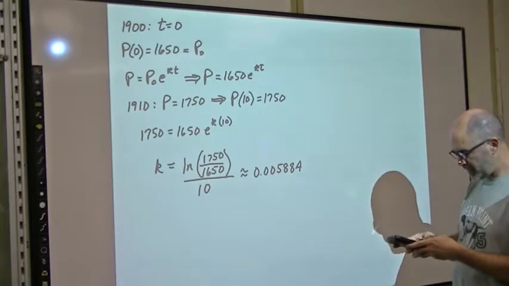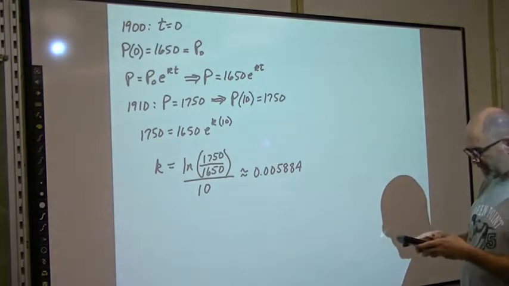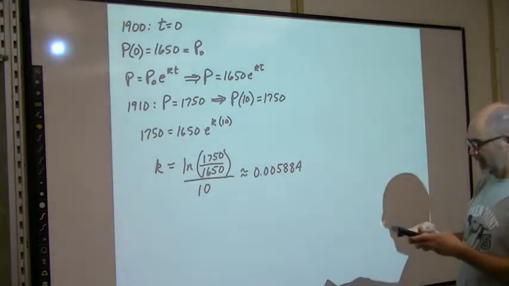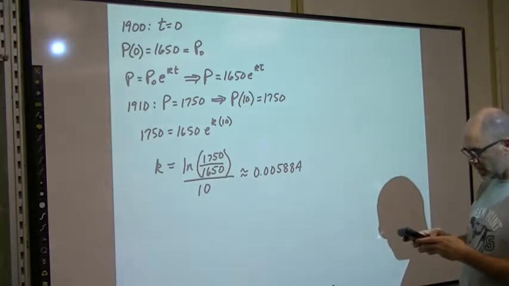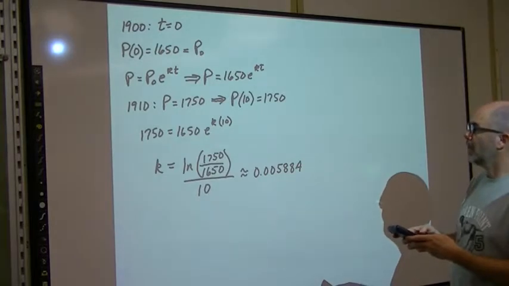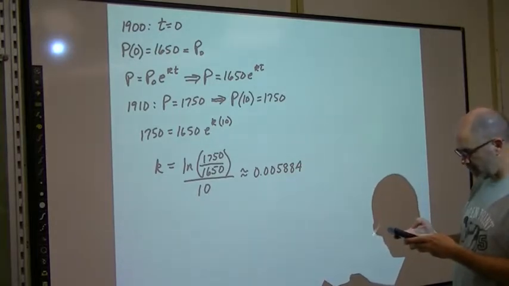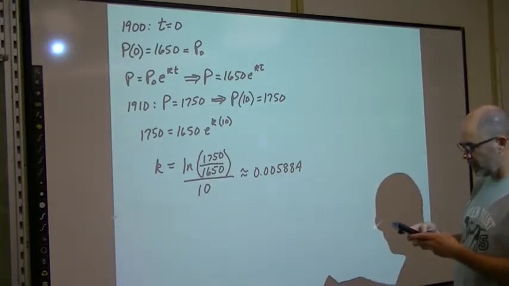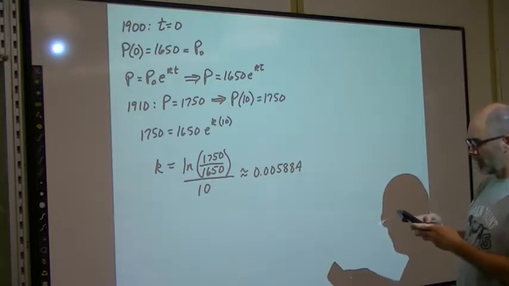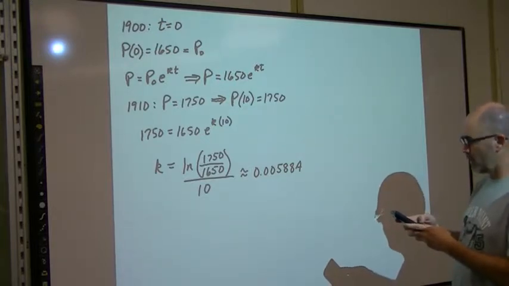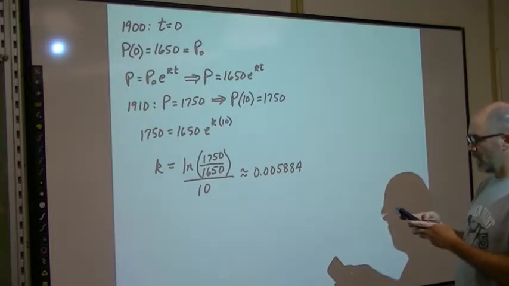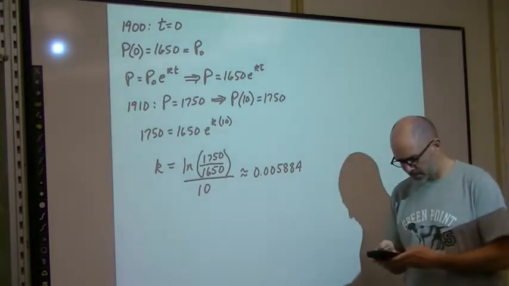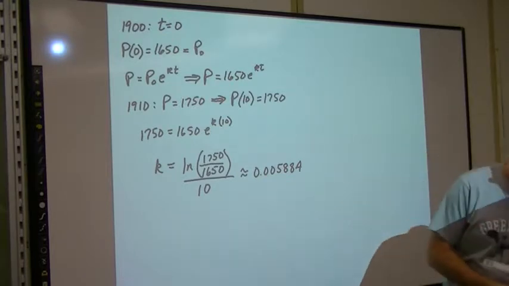So, 1750 divided by 1650, take the natural log of that, and then divide by 10. 0.005884. Yeah, that's it. Good thing we have that right.